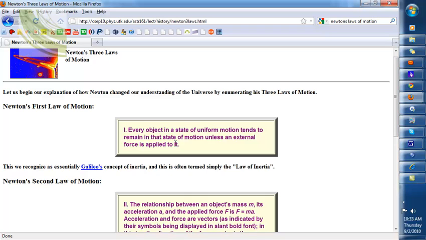The first law of motion simply says every object in a state of uniform motion tends to remain in that state unless an external force is applied to it. What that really means is, in the world of baseball, for example, when the pitcher throws that ball, it's in a state of uniform motion, and it will stay in that motion until there's an external force applied to it.